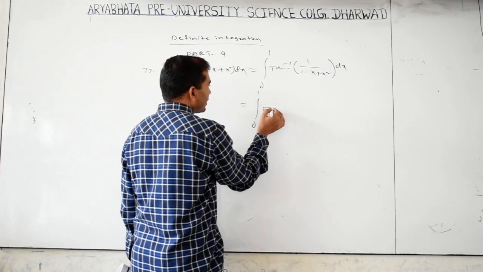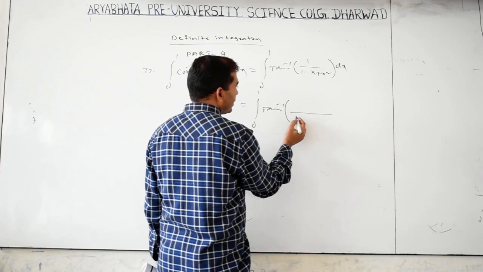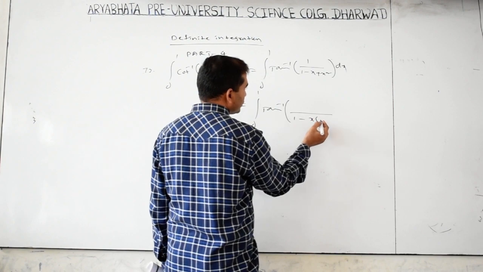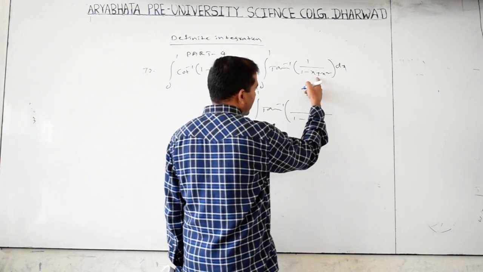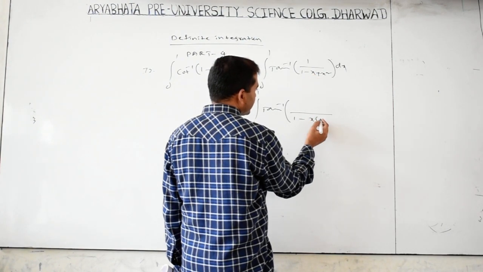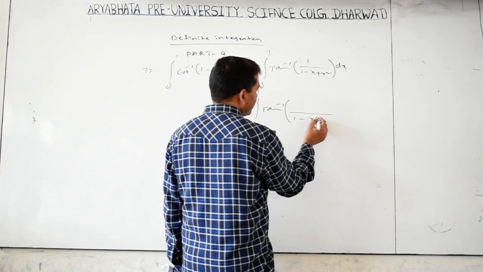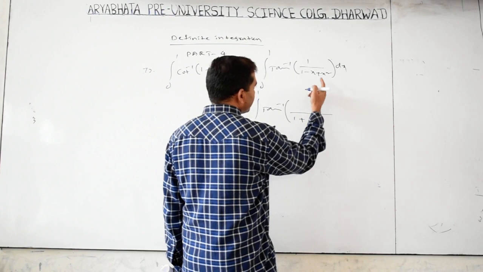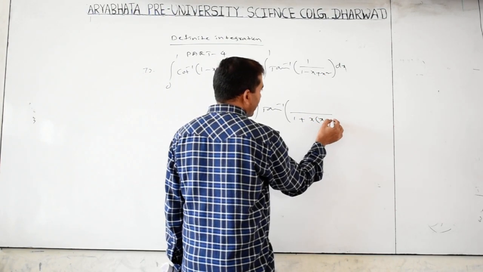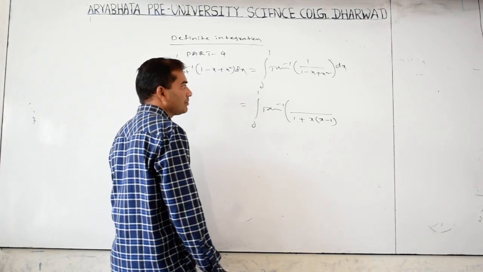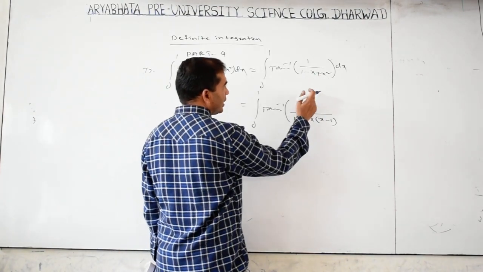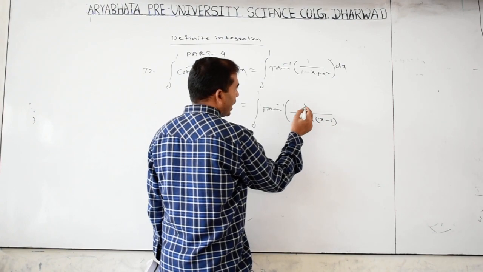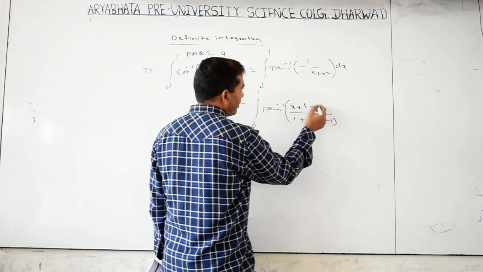Here can I write like this: take 1 minus x into x common, and you will get 1 plus x into (x minus 1), that is x square minus x, with numerator 1, so add plus x and minus x.